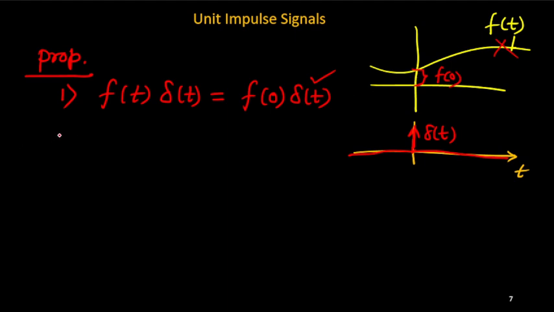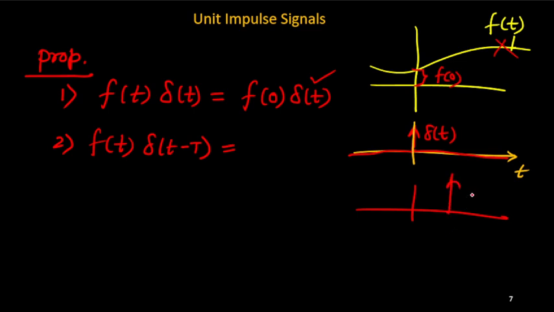That's simple. So if it is at other places, like f of t, if the impulse is located at another place, capital T, at that time what can I consider? Obviously it will be located in a different place. Suppose it is located here, this is del t minus capital T, located at capital T. So it will choose only this sample.